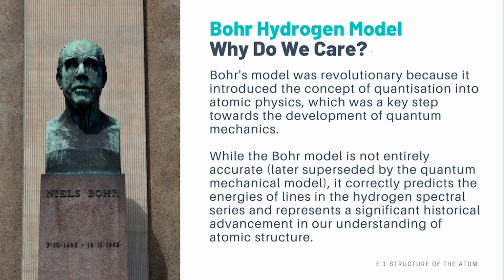While the Bohr model that he developed is not entirely accurate, because it was later superseded by the quantum mechanical model, it does provide us with an accurate model of the hydrogen spectral series, and it was a significant advancement for us in our understanding of the atomic structure. Good old Niels Bohr, we're very proud of you.